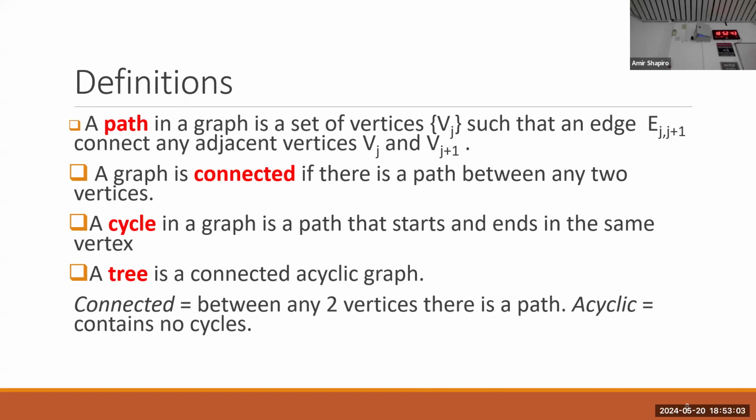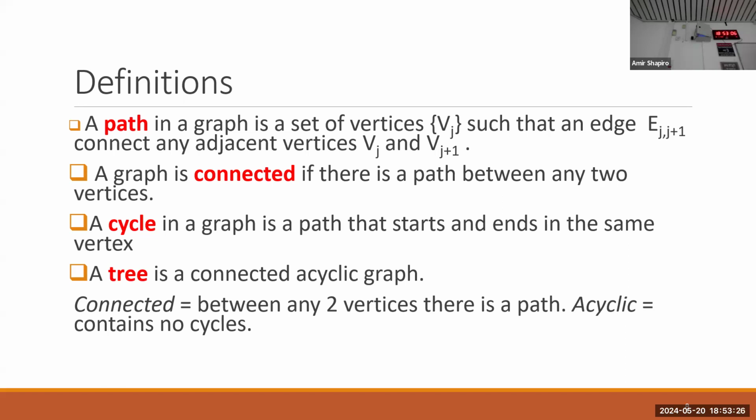If I can go from any point to another, it is connected. A cycle in a graph is a path that starts and ends in the same vertex.